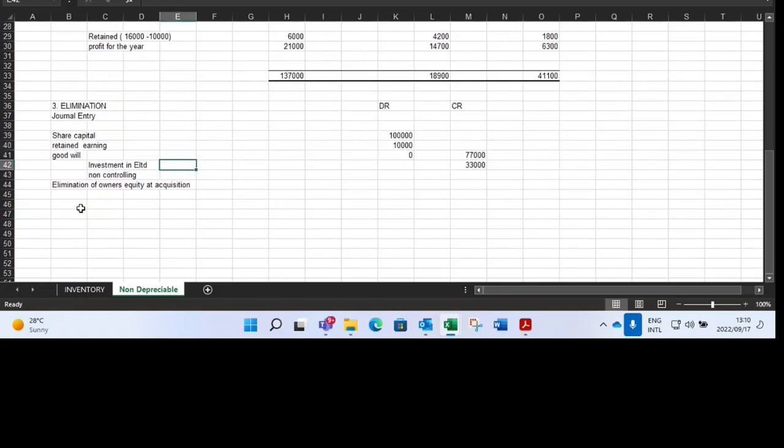So the retained earnings will be deducted, it's getting reduced, and non-controlling will be 1,800. Then we're gonna go to the non-controlling interest that came as a result of the profit of the subsidiary.